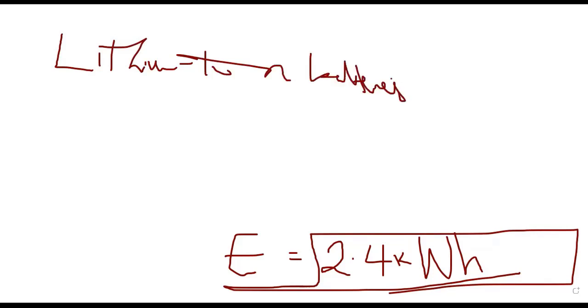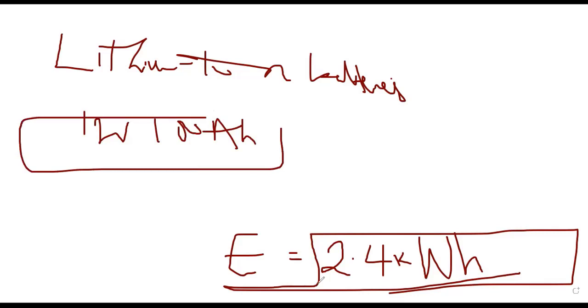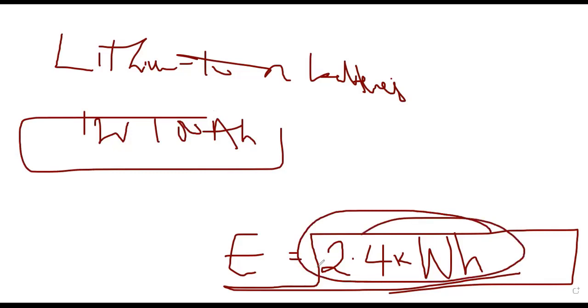These are what people are recommending now because of their high energy density. And I'm going to explain one or two things. If you want to buy a lithium ion battery, you won't go to the market and say you want to buy a 12 volts, 100 amp hour lithium ion battery. It's not rated this way. Lithium ion batteries are rated with their energy capacity.